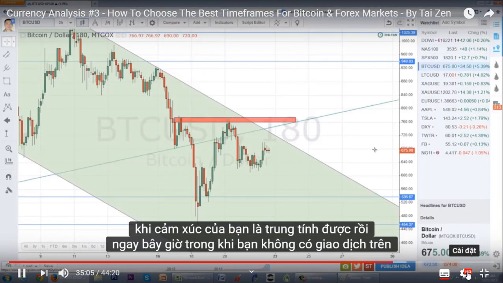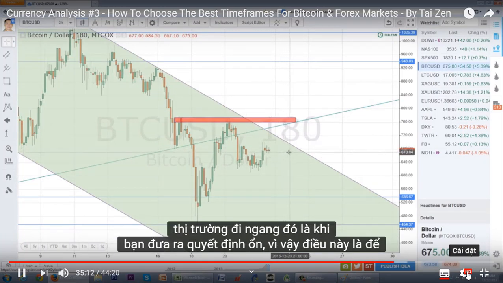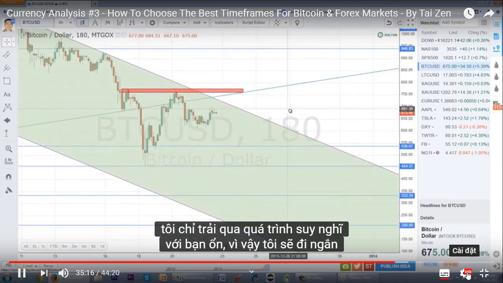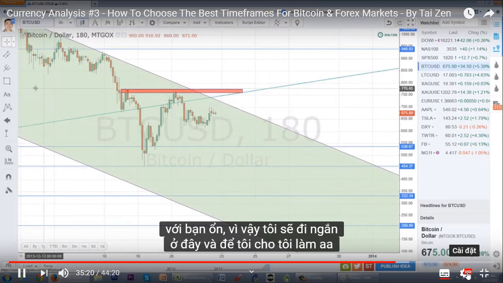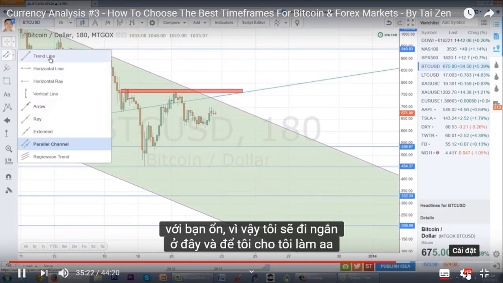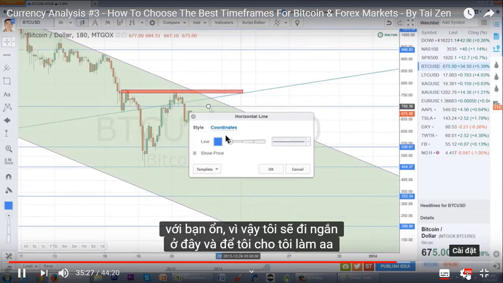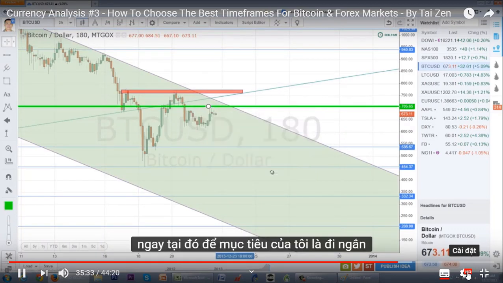So right now, while you have no trades on, the market is going sideways, that's when you make a decision, okay? So let me just go through the thought process with you, okay? So I'm going to go short here, right there.